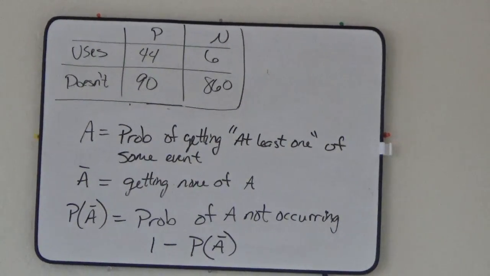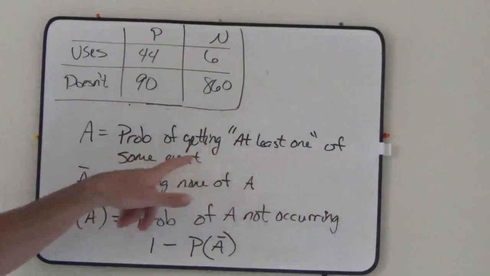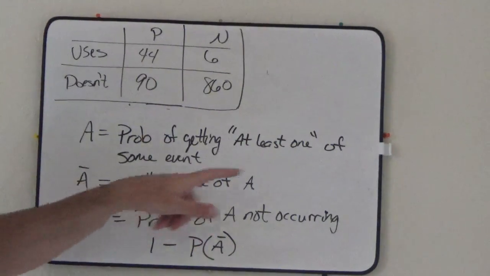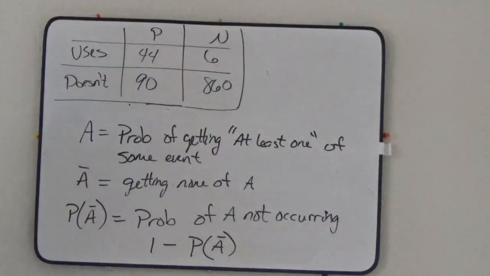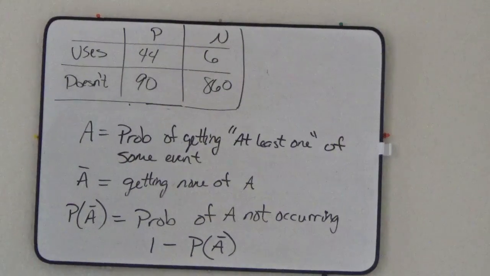So here's what we have. If A represents the probability of at least one of some event, then its complement is getting none of that, okay? Getting none of the A. And the probability of the complement would be the probability of A not occurring.